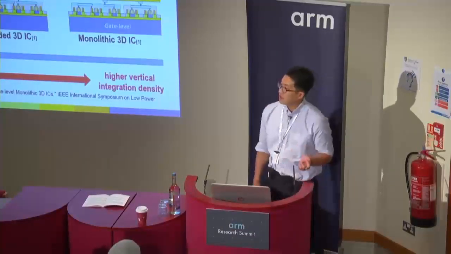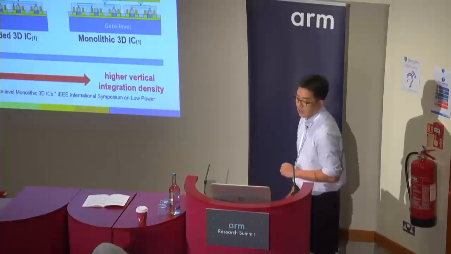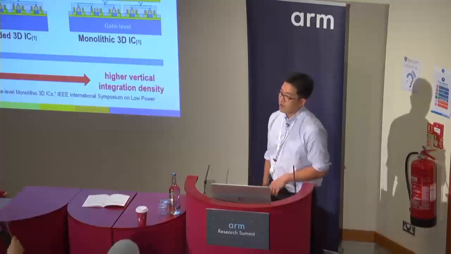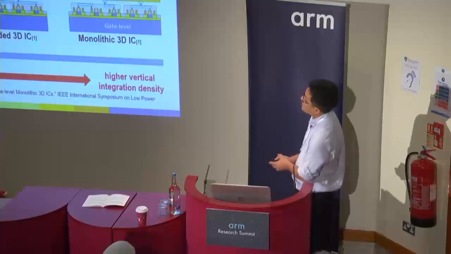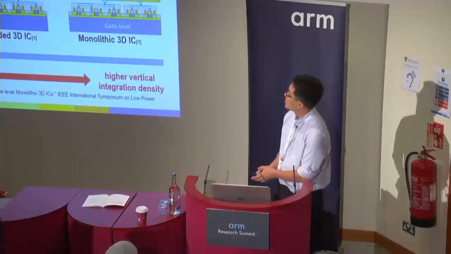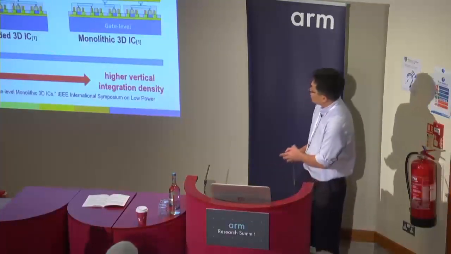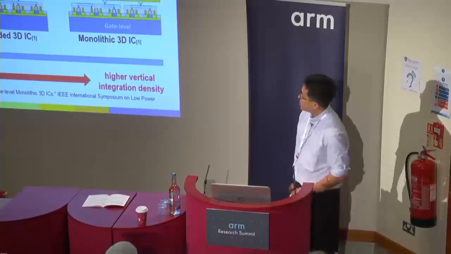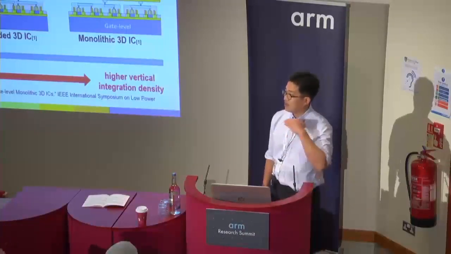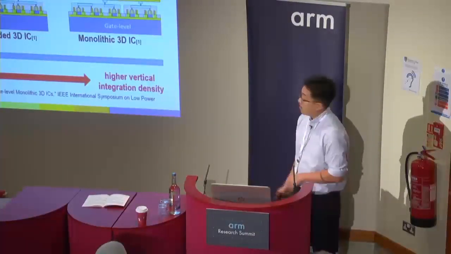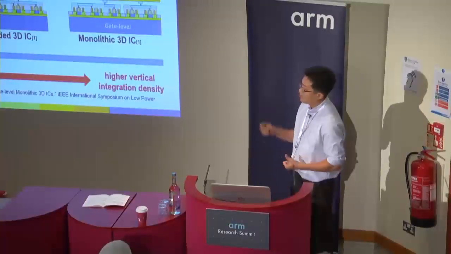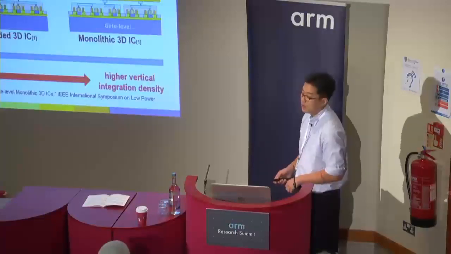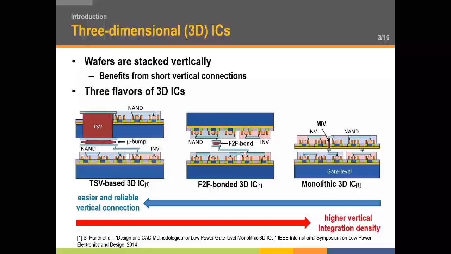Recently, TSMC announced wafer-on-wafer silicon wafer stacking technology, which brings this face-to-face bonded 3D IC into reality. In monolithic 3D IC, the transistors are fabricated sequentially, unlike these two, and they are connected with monolithic inter-tier vias, whose size is in nanometer scale.